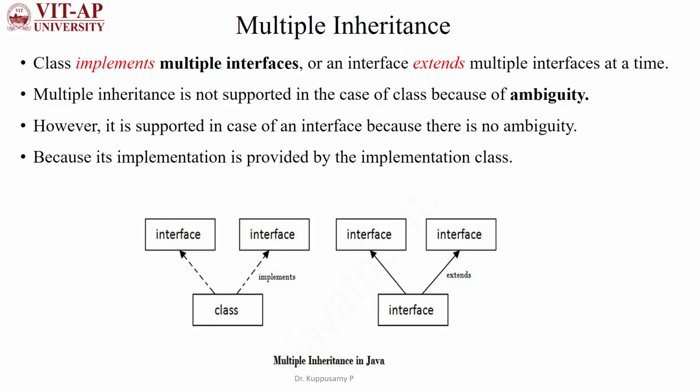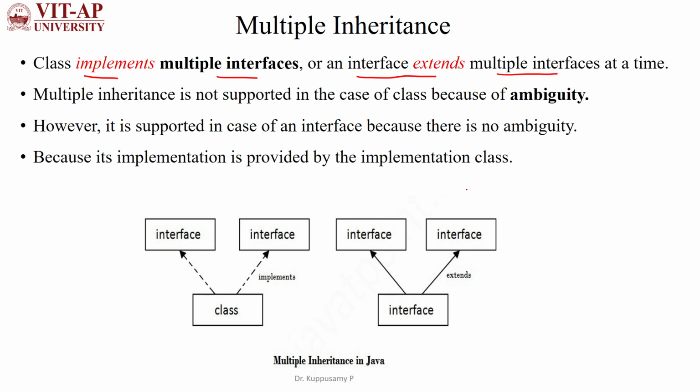Hi everyone. Here we will discuss multiple inheritance by using the interface concept in object oriented programming. Here a class can implement multiple interfaces, or an interface can extend multiple interfaces at a time.